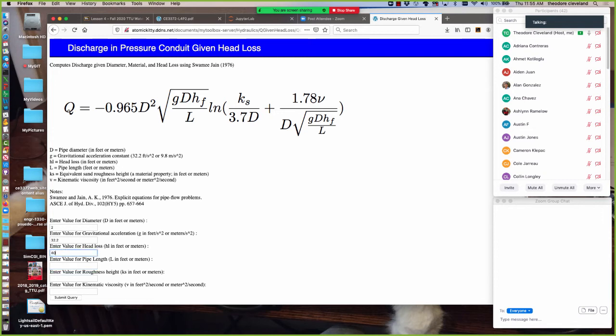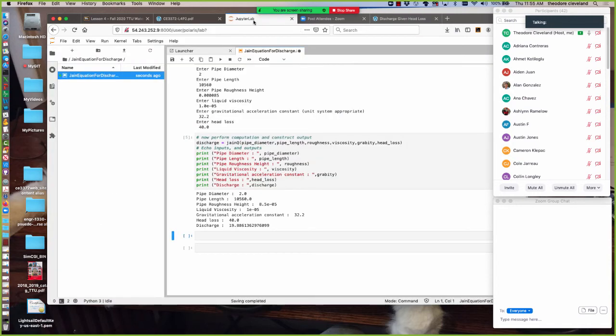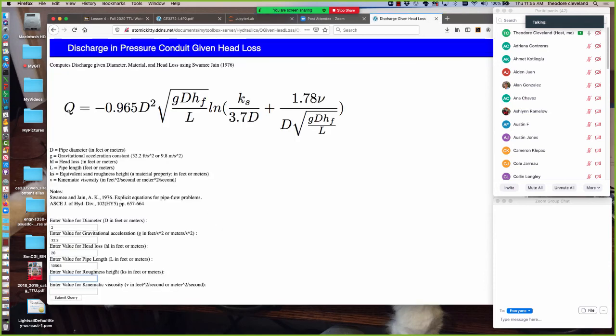Better put in the same numbers, or I'll get different answers. Roughness height, 8.5 times 10 to the minus 5. Let me copy that. Paste that. Kinematic.